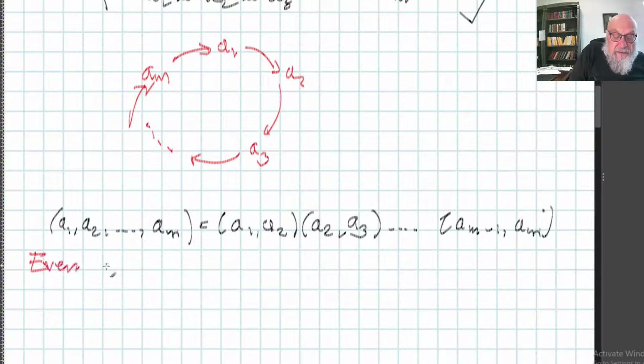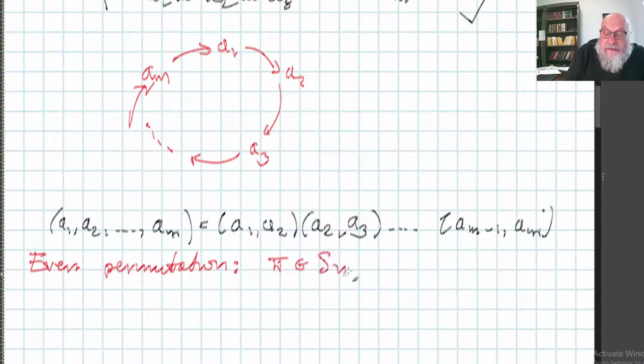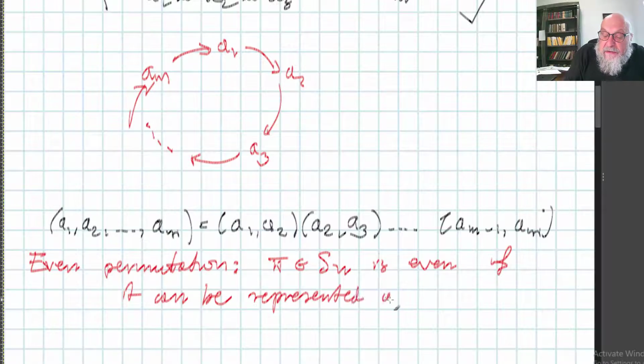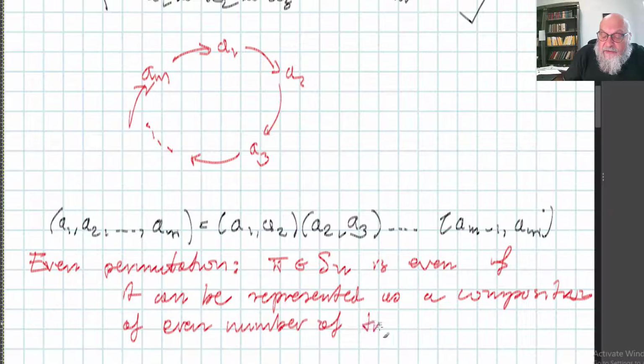Of course, we also have additional notions of so-called odd and even permutations. An even permutation is given as follows: pi belonging to Sn is even if it can be represented as a composition of an even number of transpositions.